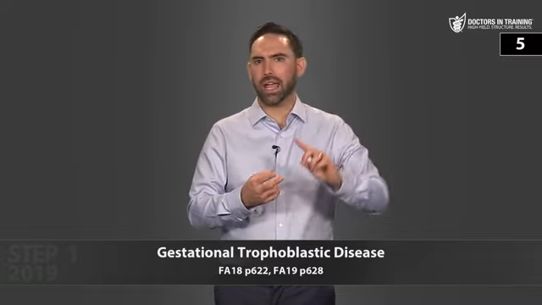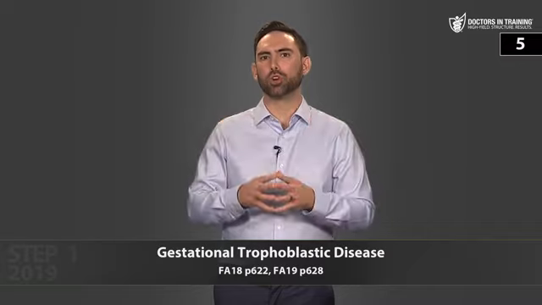Let's start by talking about hydatidiform moles. There are two types, partial and complete. Both of these are due to abnormal fertilization. So there isn't normal fetal development, but the patients are pregnant. They'll feel pregnant. They'll have positive pregnancy tests.